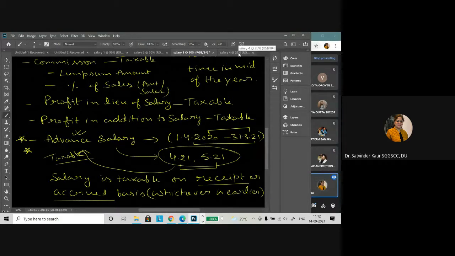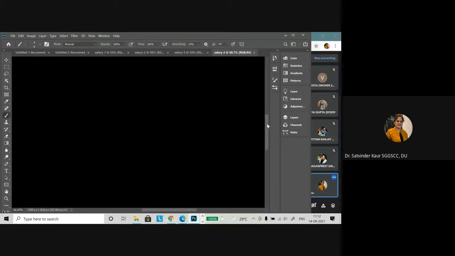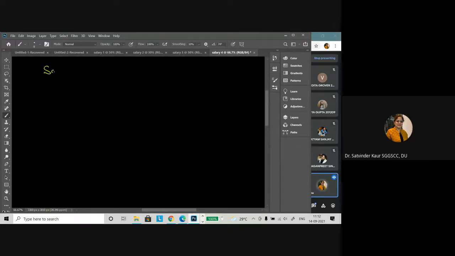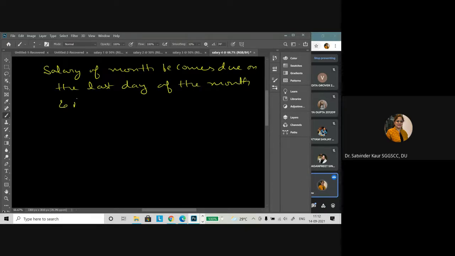Here one more concept is there with respect to the advance salary, which I would like to tell you here. Sometimes it says that salary of the month becomes due on the last day of the month and received on 5th of next month.